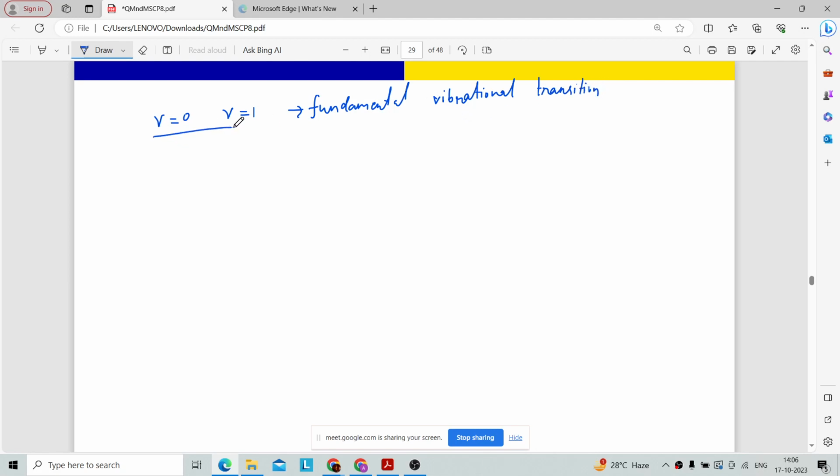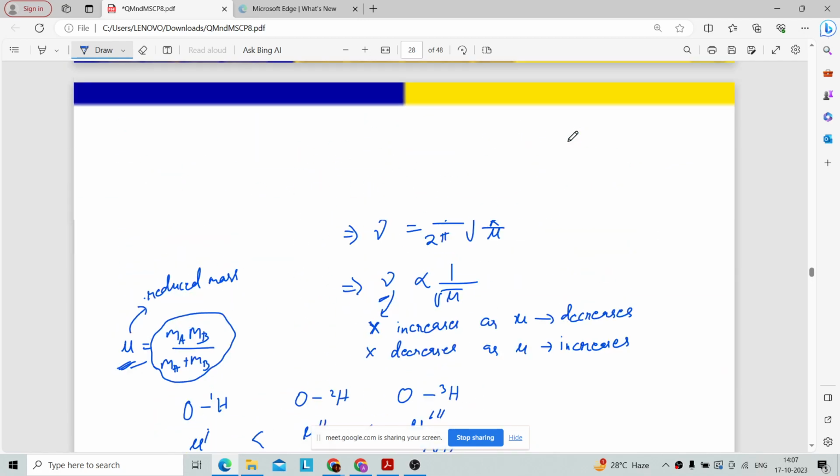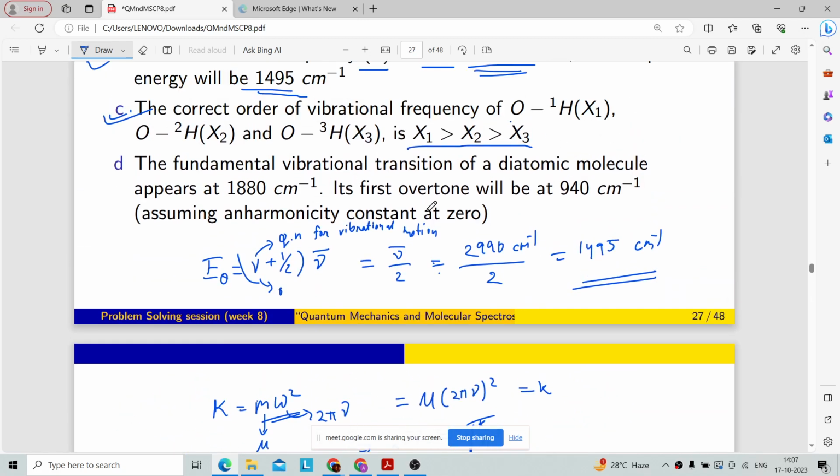From the ground state it will go to the first excited state. What is called then the first overtone?